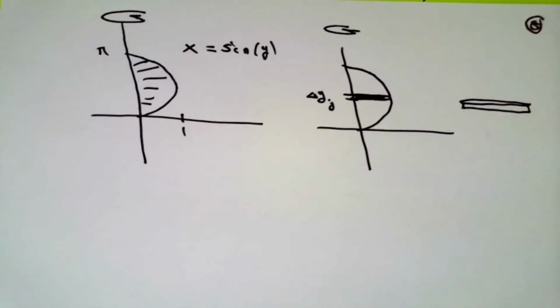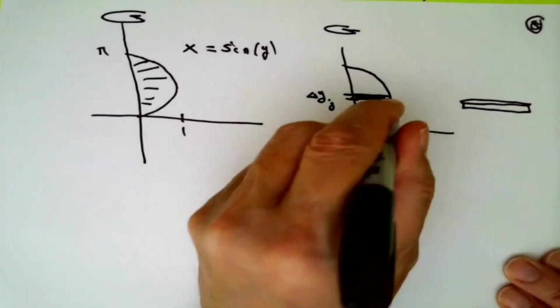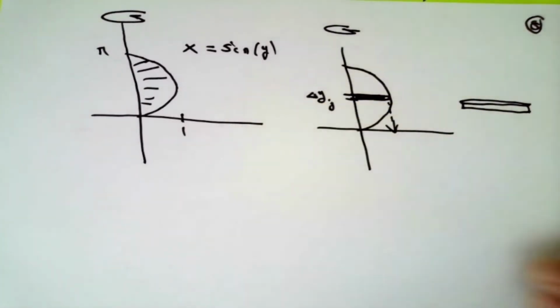Thinking of a typical strip in terms of the delta y's now, this will be a horizontal strip. When I revolve this around the y-axis, it's going to make a disk, the perpendicular height of which is delta y number j, the radius of which is going to be as far from the axis of rotation as I can get. That will be this x-coordinate.